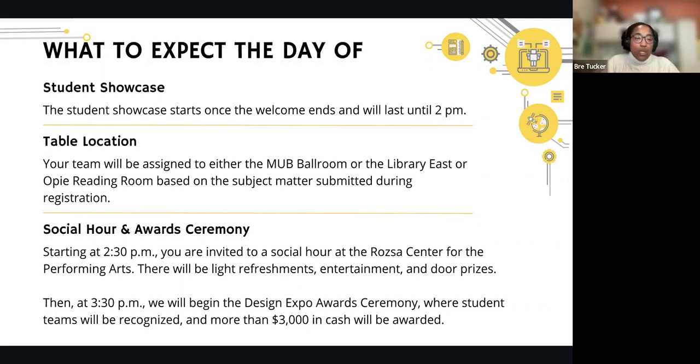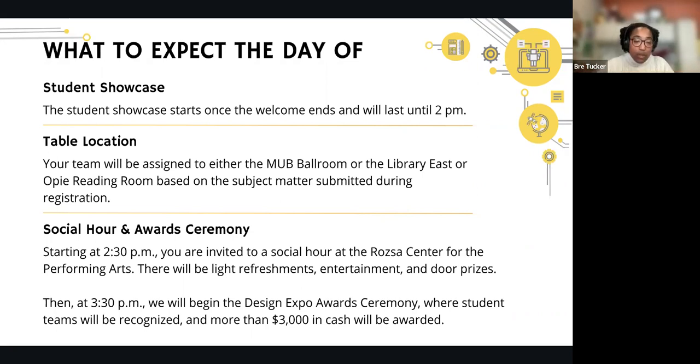Once the showcase ends at 2 p.m., we will go into our social hour starting at 2:30, and we invite you all to come. Please relax and take a moment to pat yourselves on the back for the day that you've had.